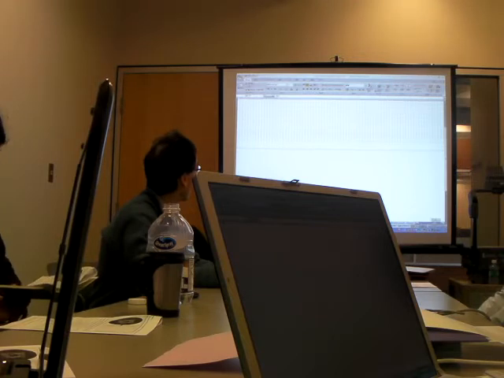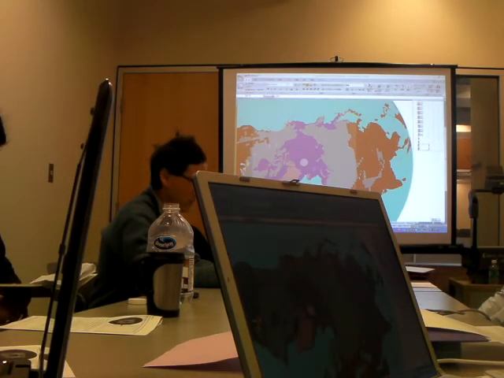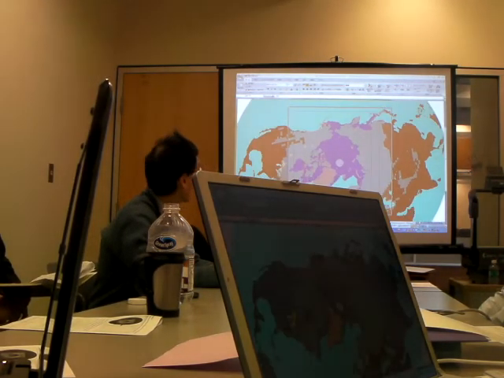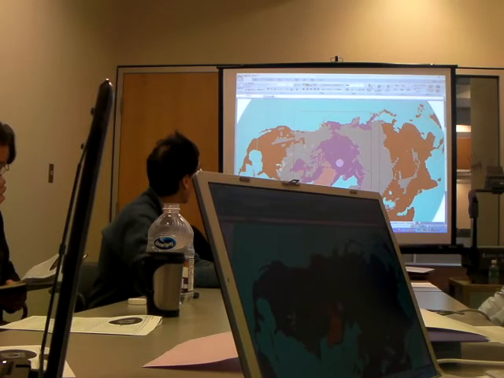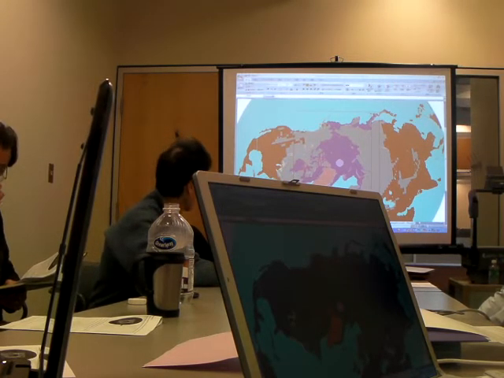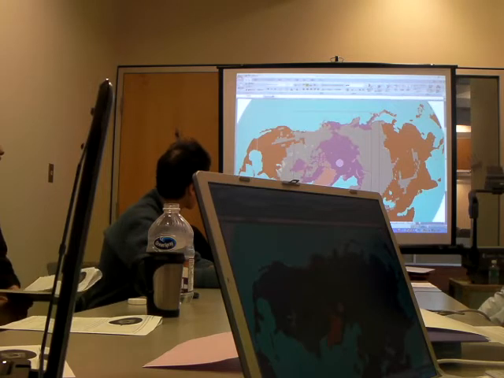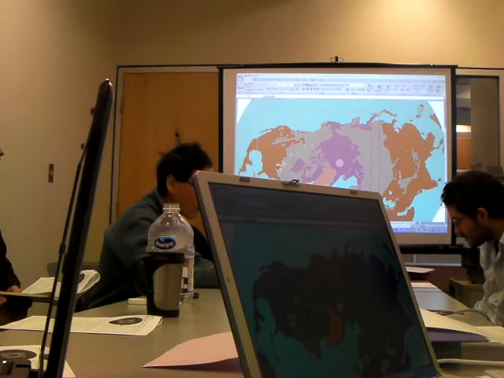This is the original data set provided by the National Snow and Ice Data Center at the University of Colorado. For example, this portion is 255 and this portion is 2, which means sea ice. So I selected these areas and divided them into 10 by 10 cells, and counted the number of sea ice cells and the number of open sea cells at each point.